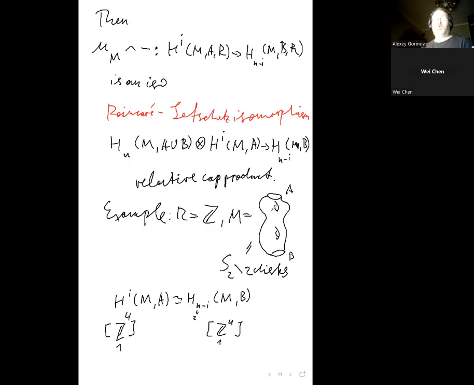So we just take m as shown here, which is equal to S2 minus 2 disks. And the result is a wedge of circles, and the question is how many circles do we get in the wedge?